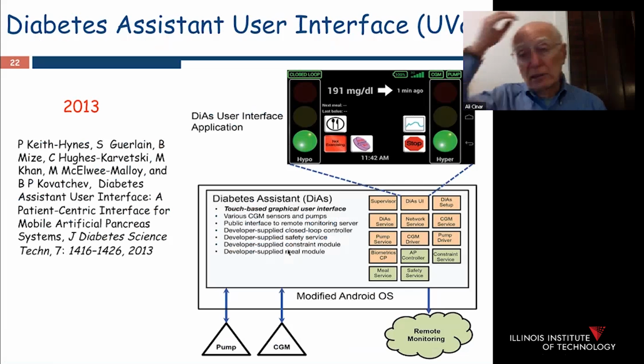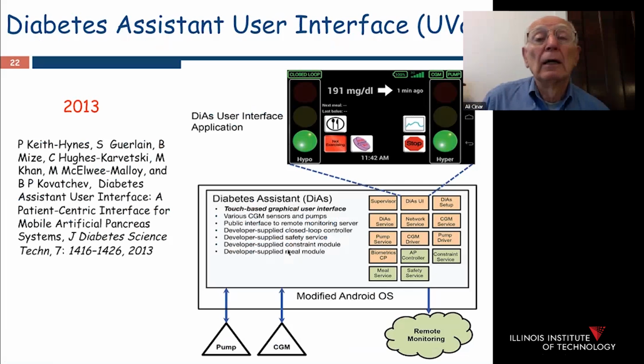And this is just one of these technologies that has assisted this switch. This screen that you see is the screen of a smartphone, an Android phone, and this is a product that was developed at the University of Virginia, and Patrick Keith-Hines was the key developer with a lot of input from various researchers at University of Virginia.